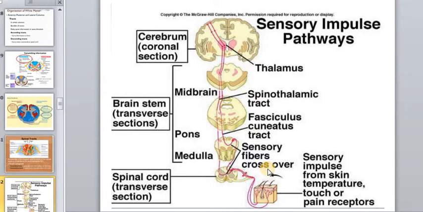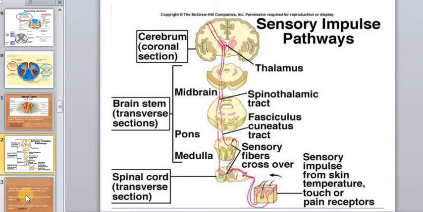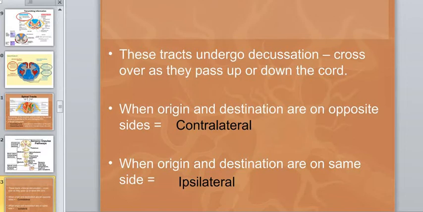Ipsilateral means belonging to or occurring on the same side of the body, if we don't change the position from the right side to the left. Ascending parts on their way. Here we see an example.